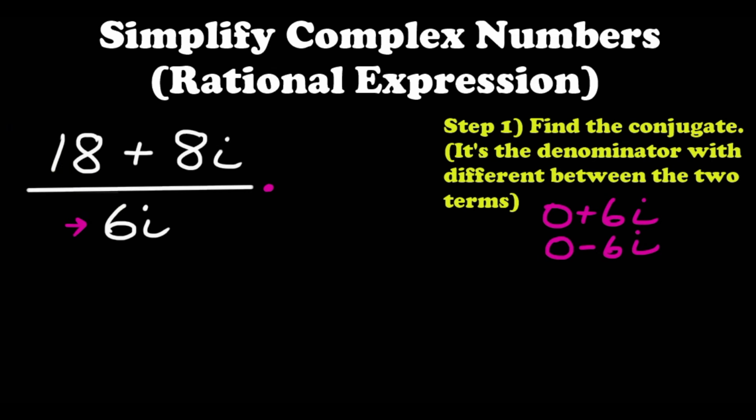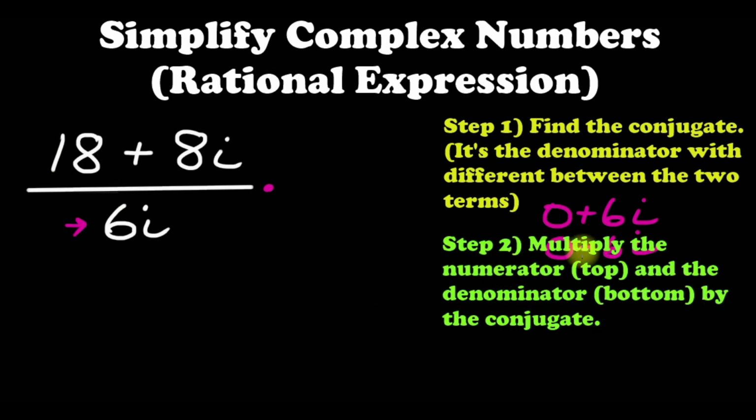Okay, let's take a look at step 2. Okay, step 2 is to multiply the numerator, which is the top, and the denominator, which is the bottom, by the conjugate. Okay, so the conjugate is 0 minus 6i, which is just going to be negative 6i.